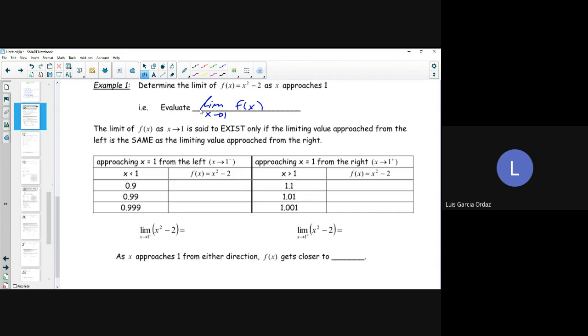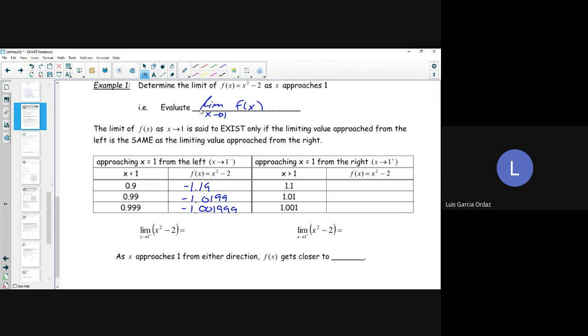So we're going to take the values 0.9, 0.99, 0.999, and we're going to see what it is doing. If I sub in 0.9, my y value is going to give me negative 1.19. Then we're going to get negative 1.0199, and negative 1.001999.